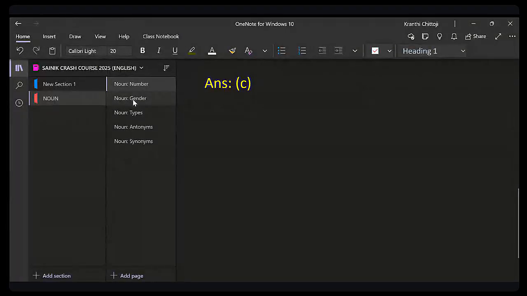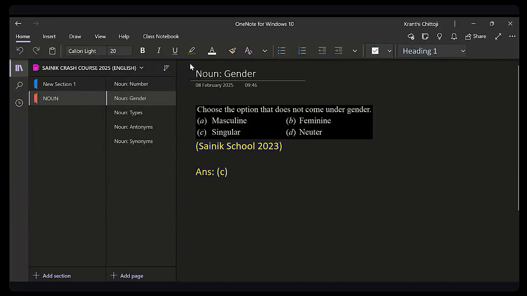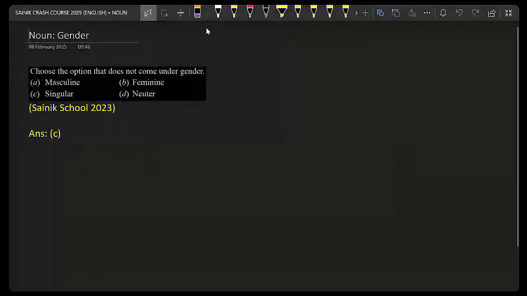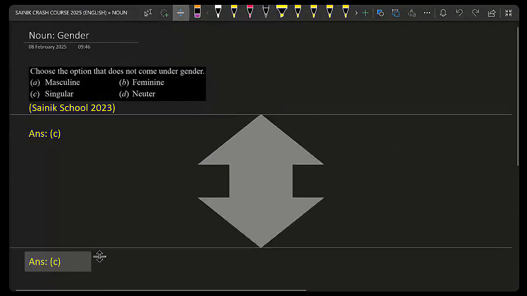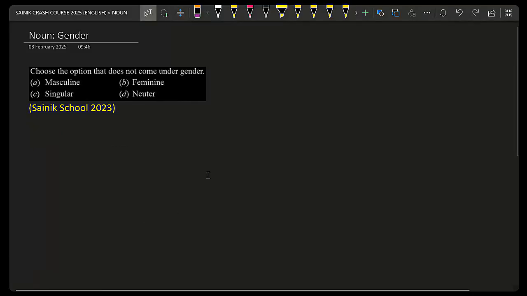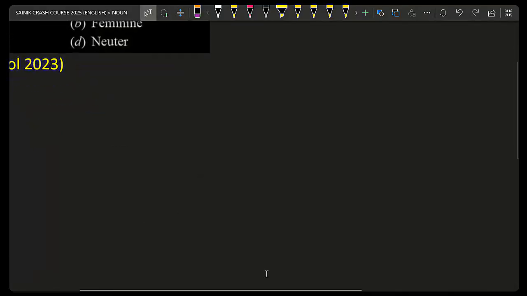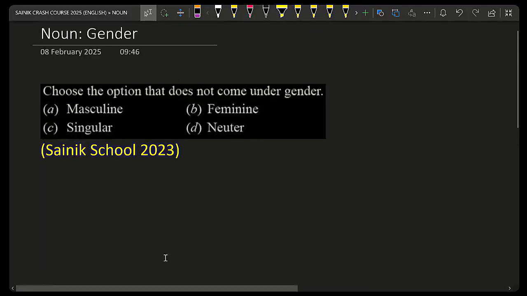Now in gender, I'll ask you a question. I'm going to increase the font size. Choose the option that does not come under gender: masculine, feminine, singular, neuter.